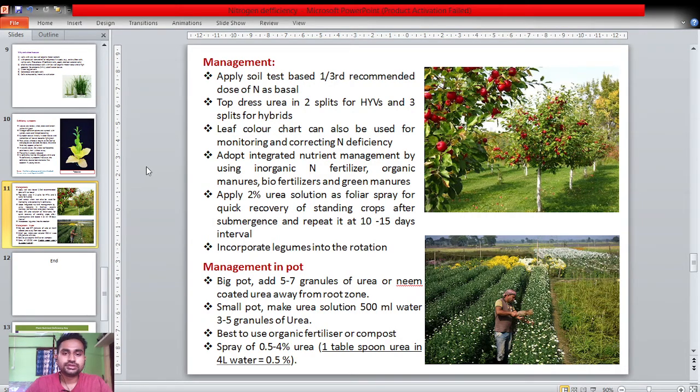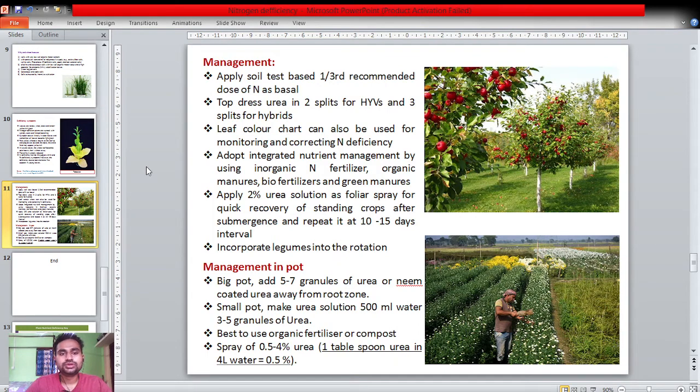Then after the plants are growing, we can split the doses of urea. In case of flowering plants we can do this splitting system, but in case of a fruit orchard we cannot do this urea splitting. We have to put all the urea as a basal dose.